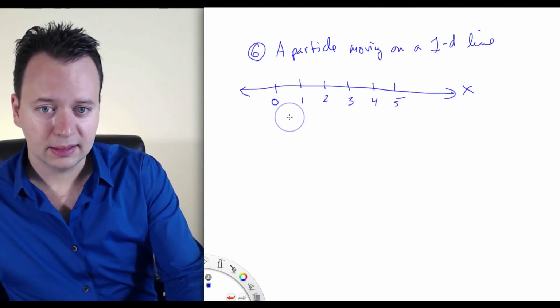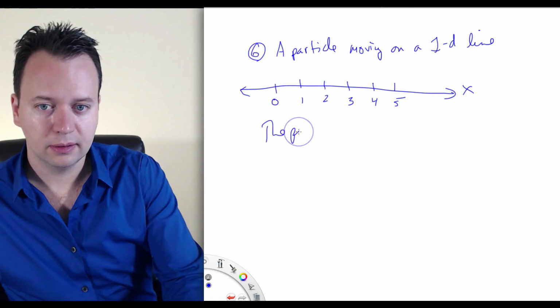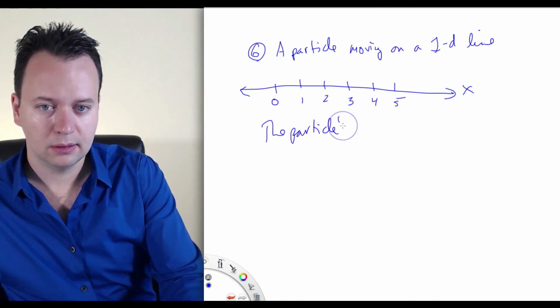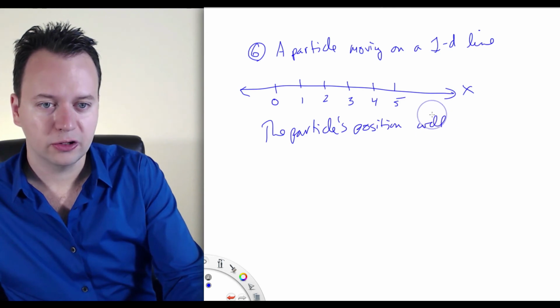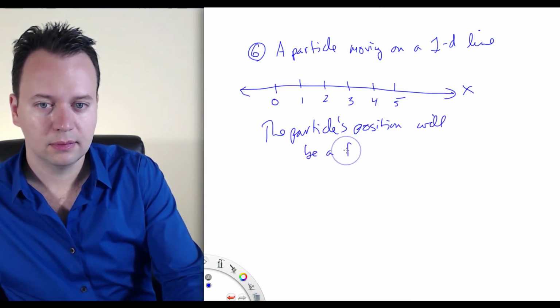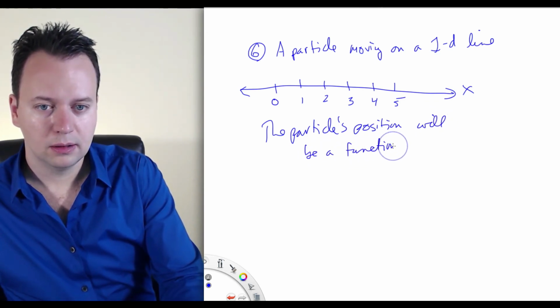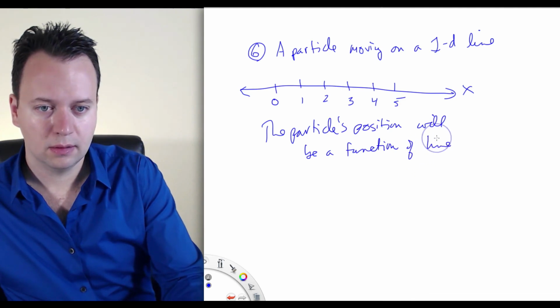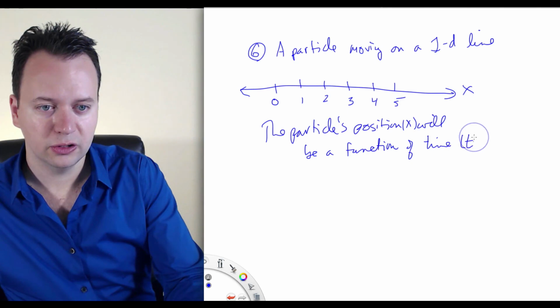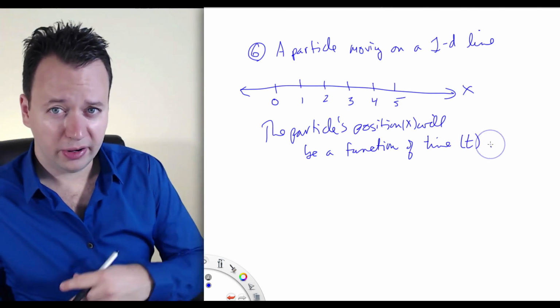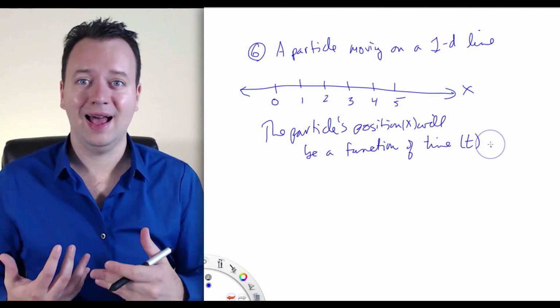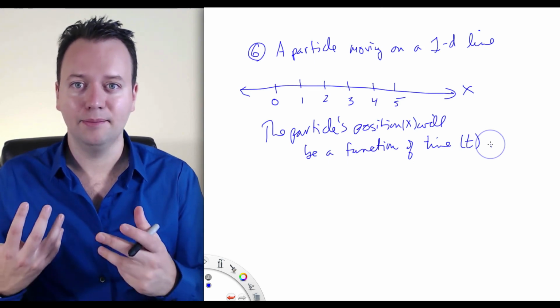So in this case, the particle's position will be a function of time. So let's say the particle's position x will be a function of time t. So for every instant in time, the particle has a uniquely specified position.